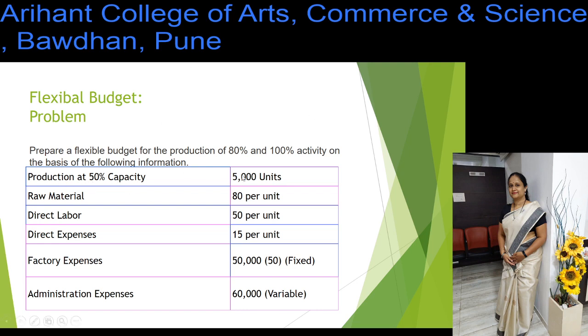For producing 5,000 units, we need raw material 80 per unit. Direct labor 50 per unit. Direct expenses 15 per unit. Factory expenses 50,000, 50% fixed. Administration expenses 60,000, 40% fixed.